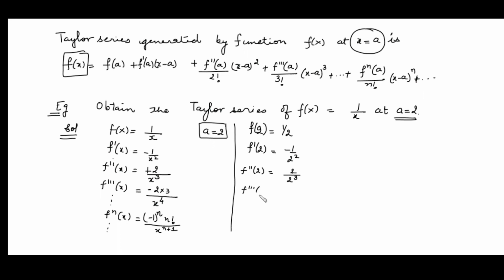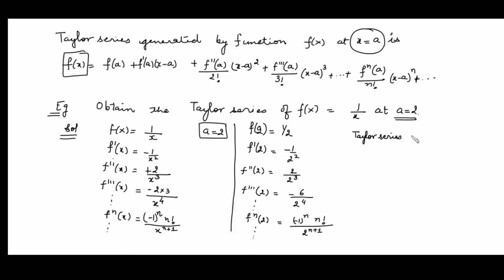The third derivative of the function at 2 will be minus 6 upon 2 to the power 4, and so on. The nth derivative of the function at 2 will be minus 1 to the power n, n factorial upon 2 to the power n plus 1, and so on. So now we can write down the Taylor series.